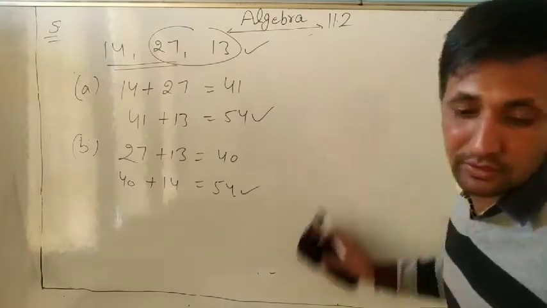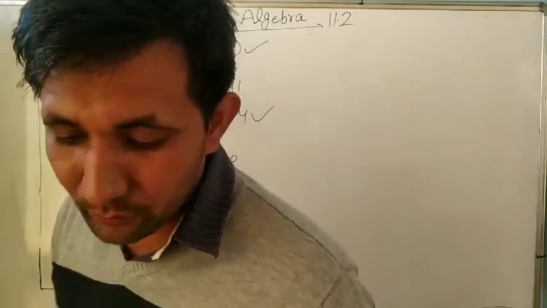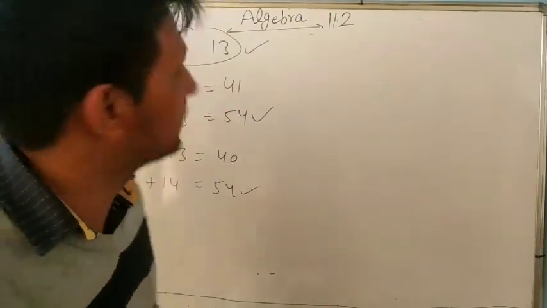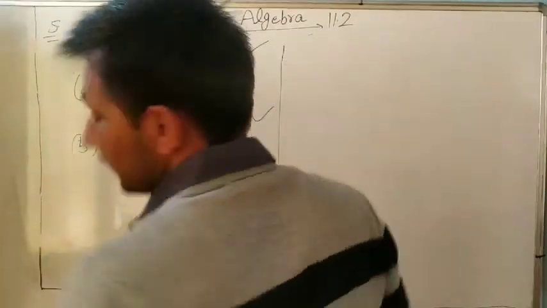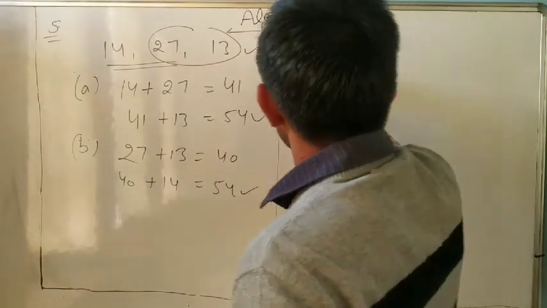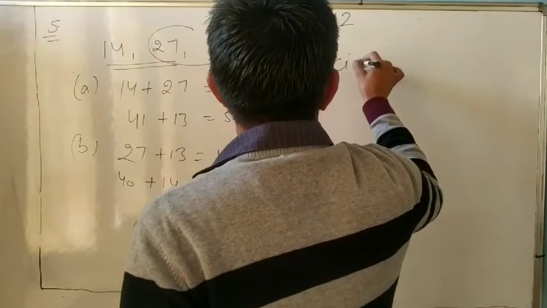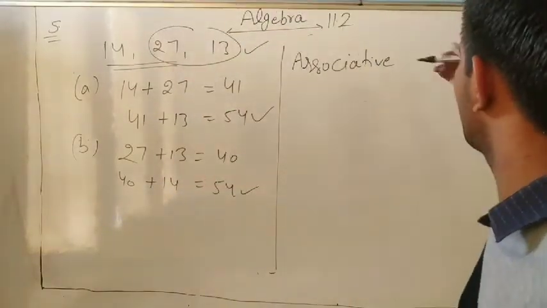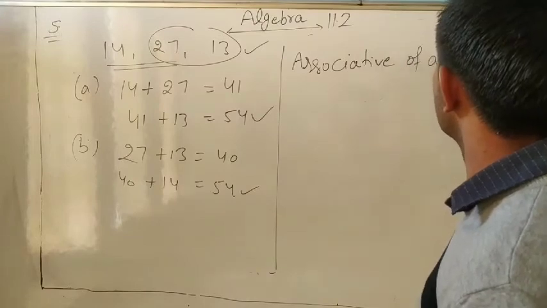And in the question the examiner is saying this can be done for any 3 numbers. So this property is known as the associative property of addition.